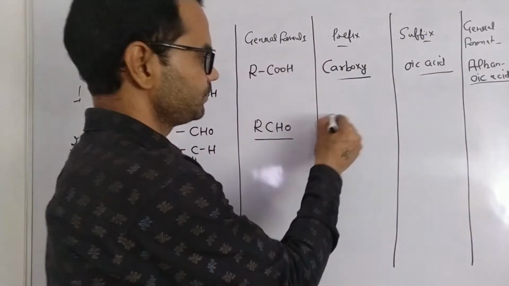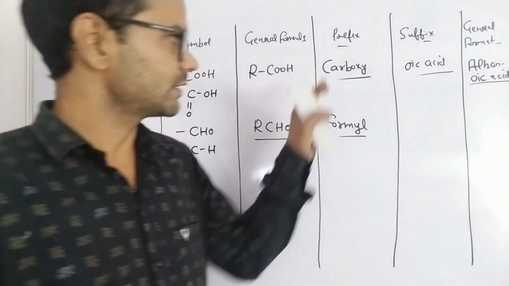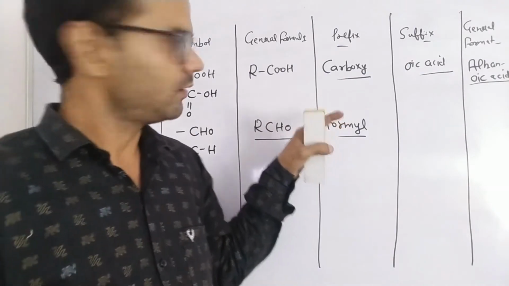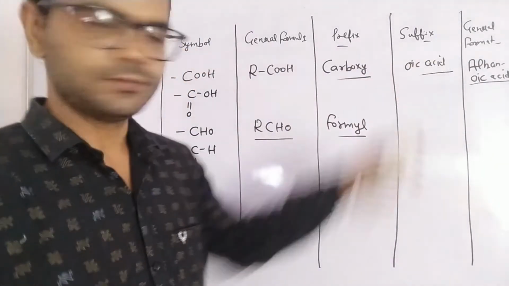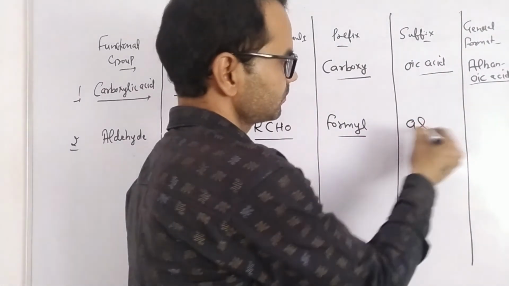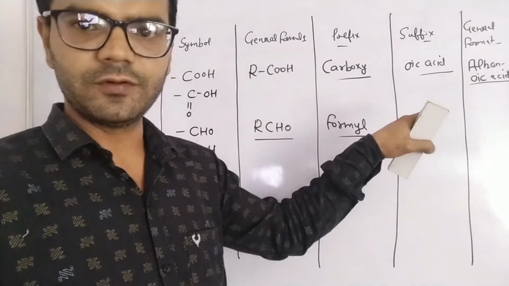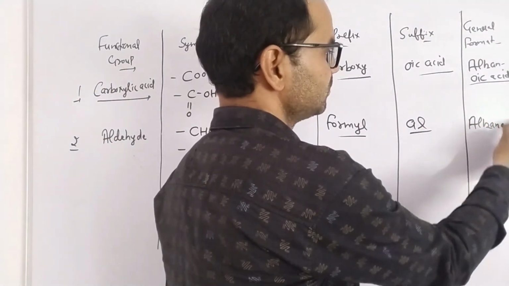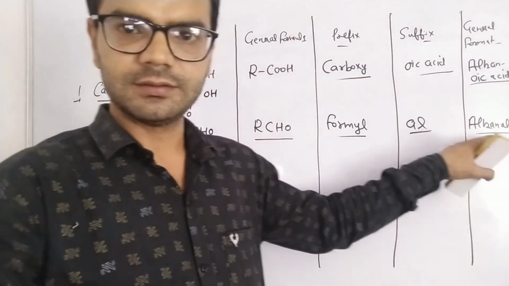Prefix is formyl. Prefix we use when a high priority group is present besides the aldehyde. Suffix is al, and its general format is alkanal, alkane plus al, right?